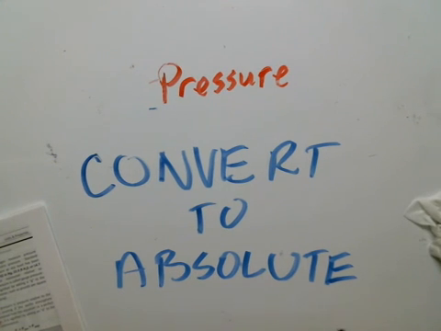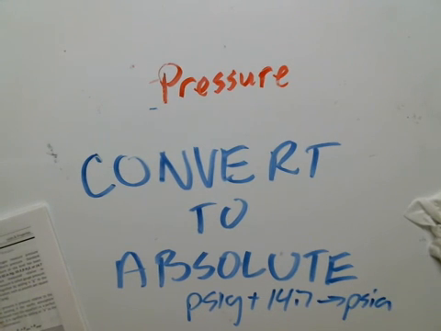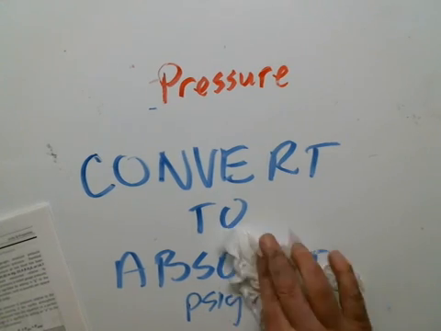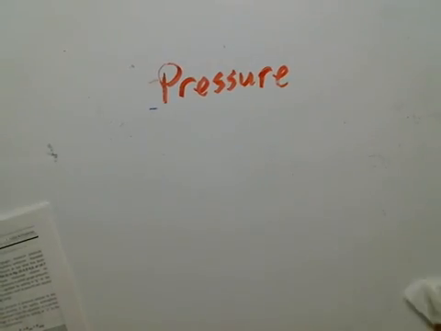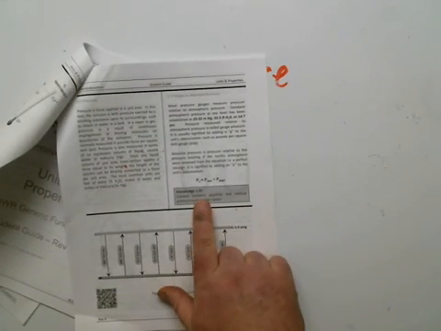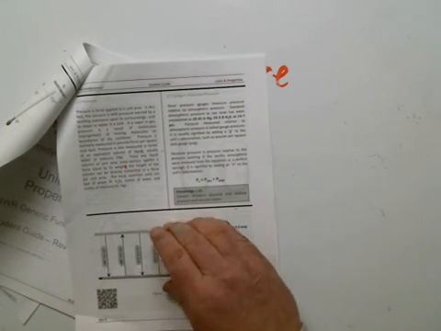That means when you're given a gauge pressure, add 14.7 and turn it into an absolute pressure. There's a knowledge requirement right there on that page. On the previous knowledge requirement, K102, we needed to know about temperature. Look here, the very first knowledge requirement: convert between absolute and relative pressure scales. You need to know this very, very, very well.